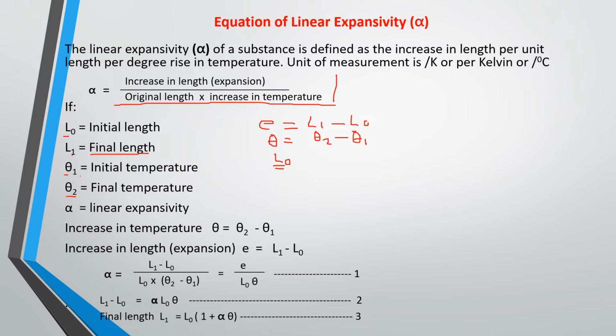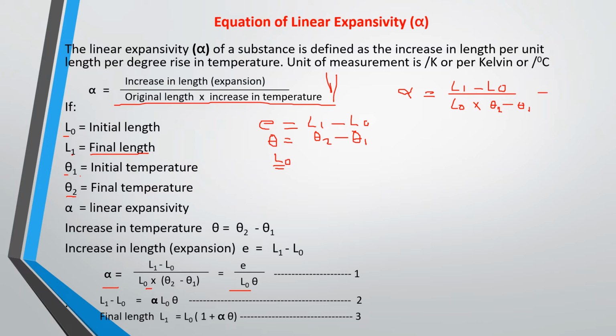So if you put all this into the statement above, we have that linear expansivity is equal to expansion, which is L1 minus L0, all over original length multiplied by change in temperature, which is theta 2 minus theta 1. Okay, so once you have this, you can derive any of these other equations.